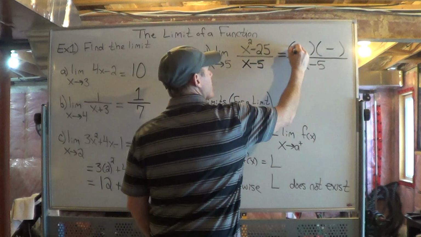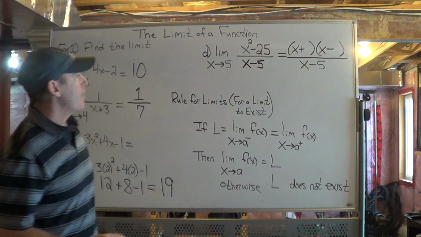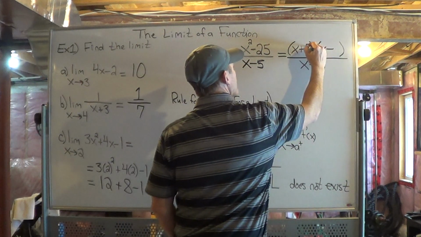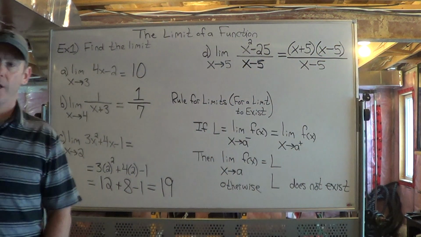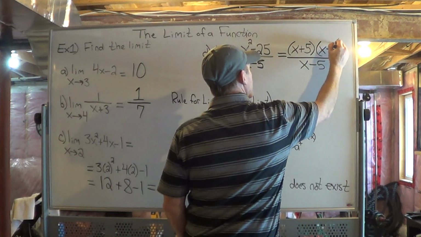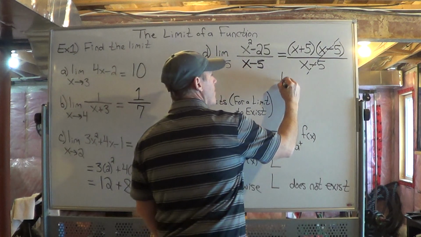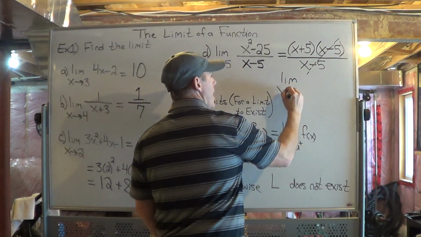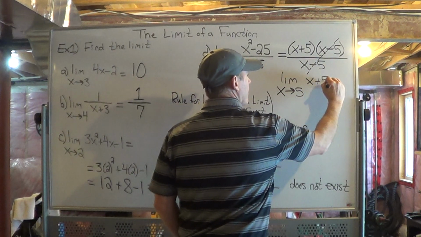The square root of x squared is x, so that goes in the first spot. The square root of 25 is 5, so 5 goes in the second spot. Now if I look at our limit, I've got x minus 5's that will divide each other out. So I'm looking at the limit as x approaches 5 of x plus 5.